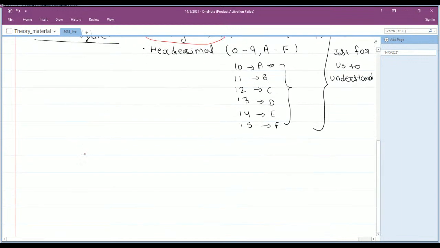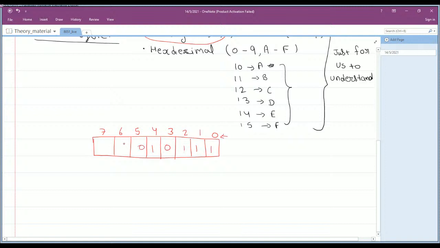Okay, so now converting numbers. Coming to our register example, let's say we have locations 0 1 2 3 4 5 6 7, and we have this 1 1 0 1 0 1 0.